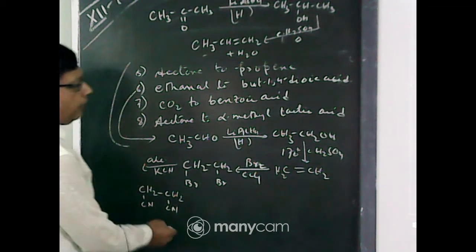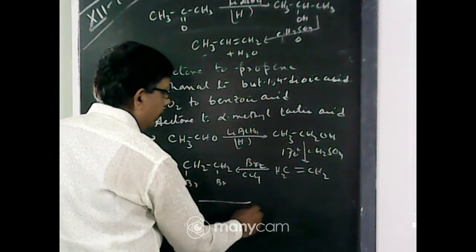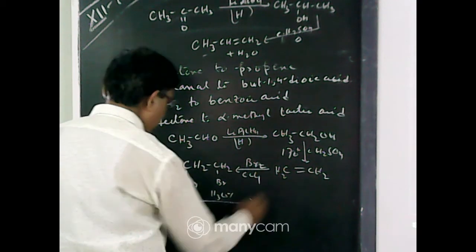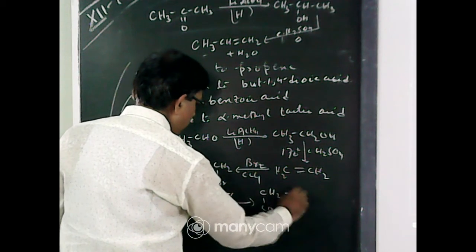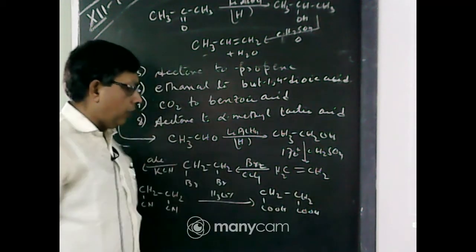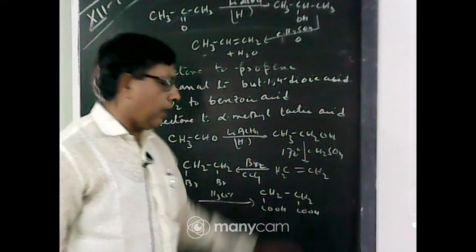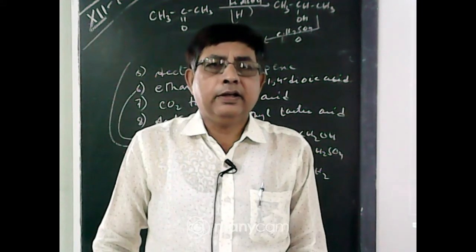This nitrile then undergoes hydrolysis with water and H+, and CN is converted to COOH. Then CH2COOH-CH2COOH is known as but-1,4-dioic acid.